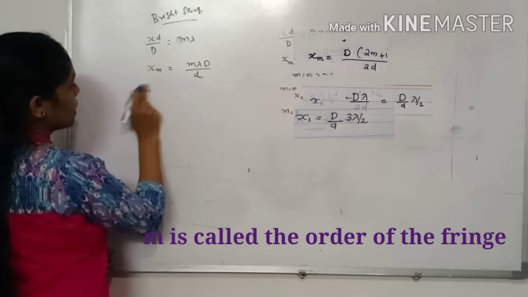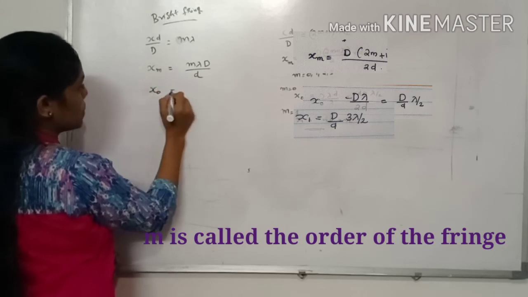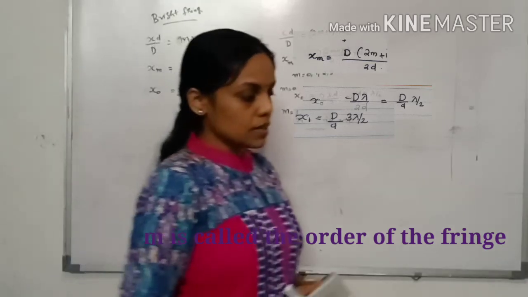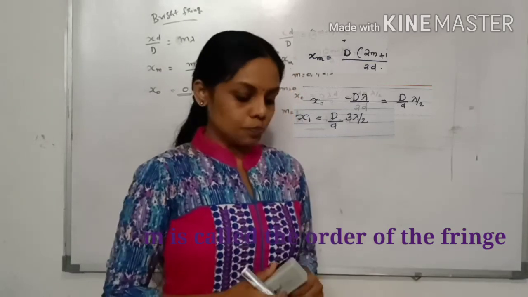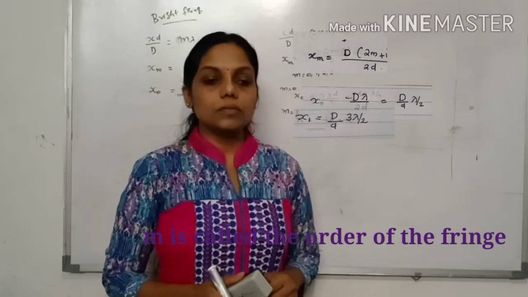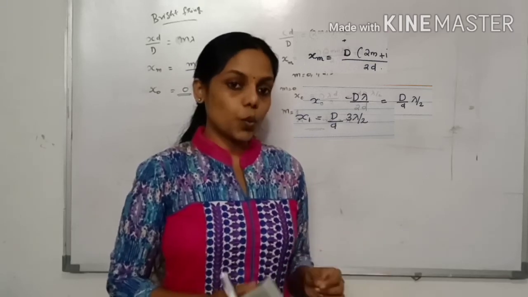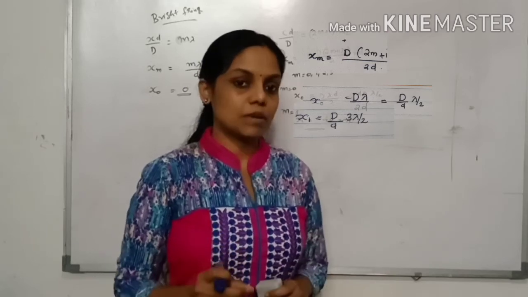For m is equal to 0, x0 is 0, which means it is the point O. At the point O, there is no path difference between the two waves, so you will get a maximum at the center.